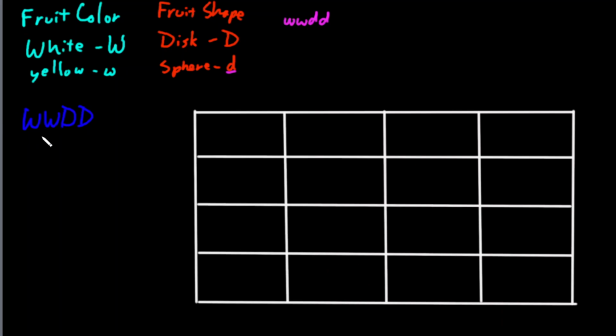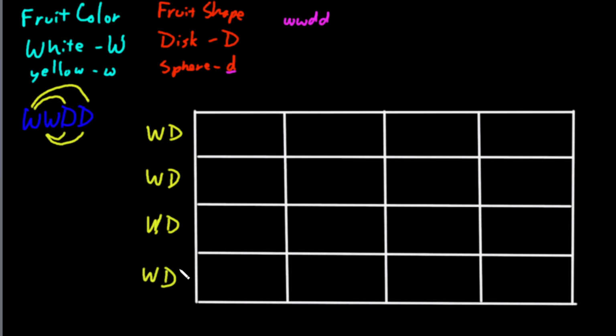So our next step is to do our FOIL first, outside, inside, last, and I can quickly see that it's going to be all capital W, capital D. And then again, first, outside, inside, last, and I can see it's all going to be lowercase w, lowercase d.